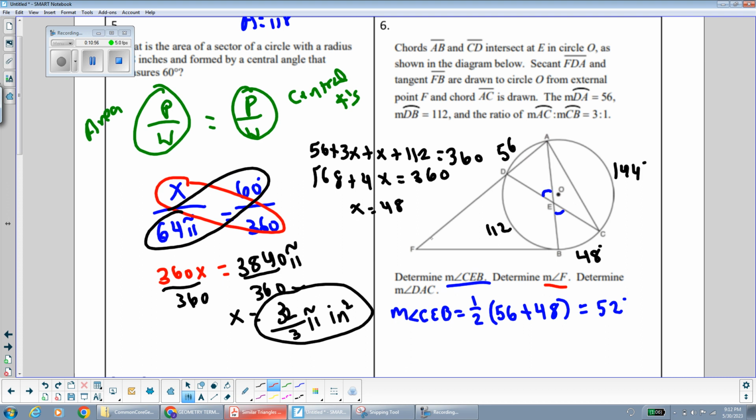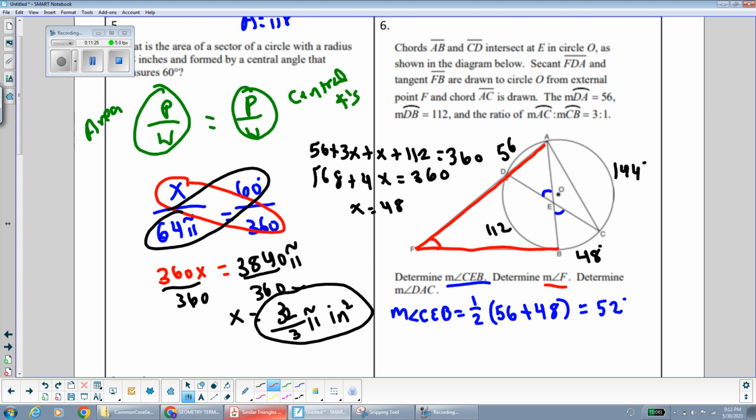Moving on, measure of angle F, that's an outside angle. And we know that whenever we're finding an angle outside of the circle, it's half the difference of the intercepted arcs. And notice, inside the rays of angle F, there are two intercepted arcs. There's the larger one, AB, where the endpoints are touching the angle.